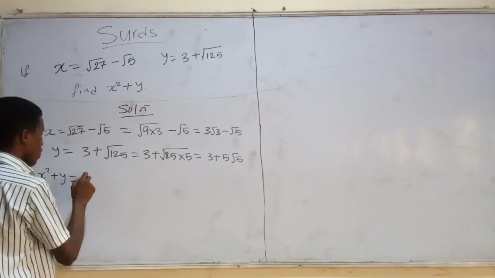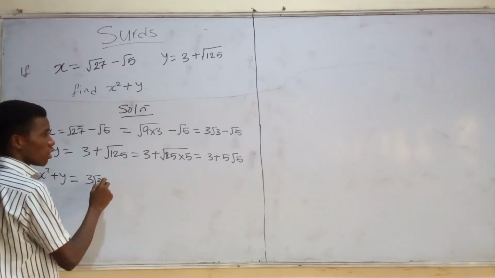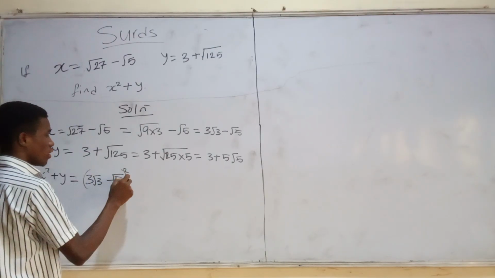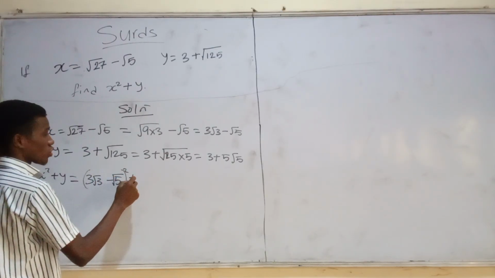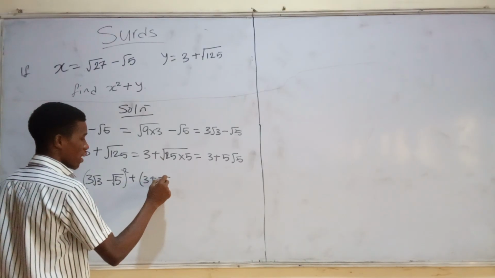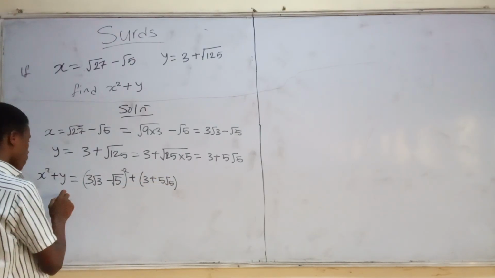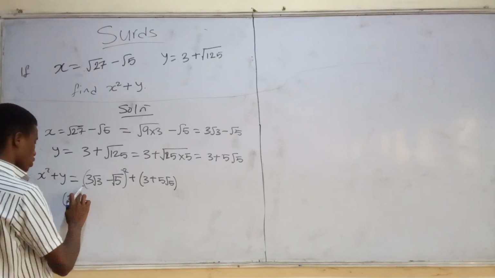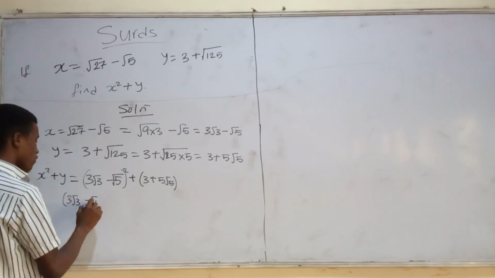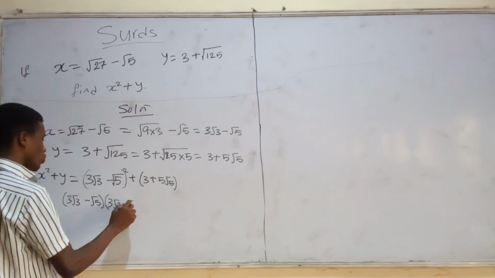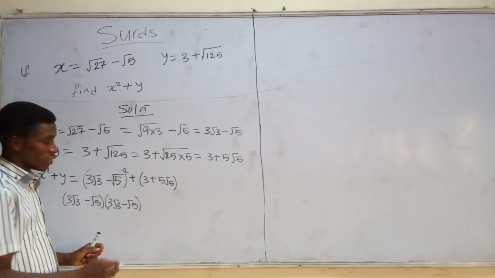What's our x? 3 root 3 minus root 5 squared plus 3 plus 5 root 5. If we open this, we have 3 root 3 minus root 5 multiplied by 3 root 3 minus root 5, right?